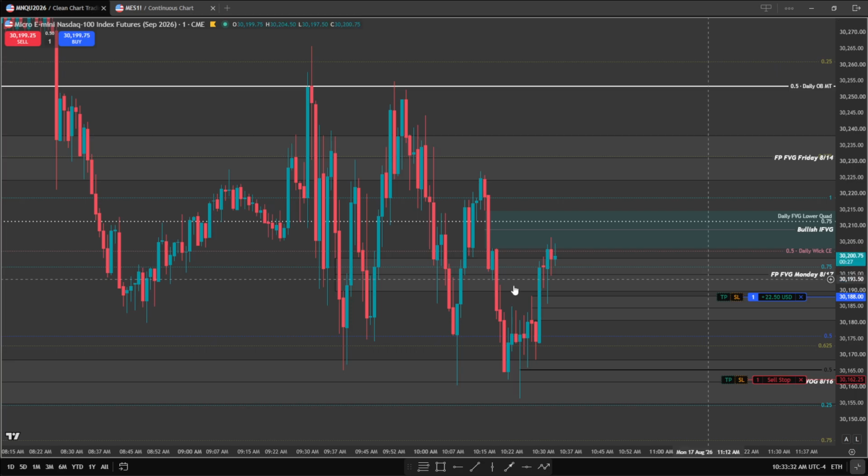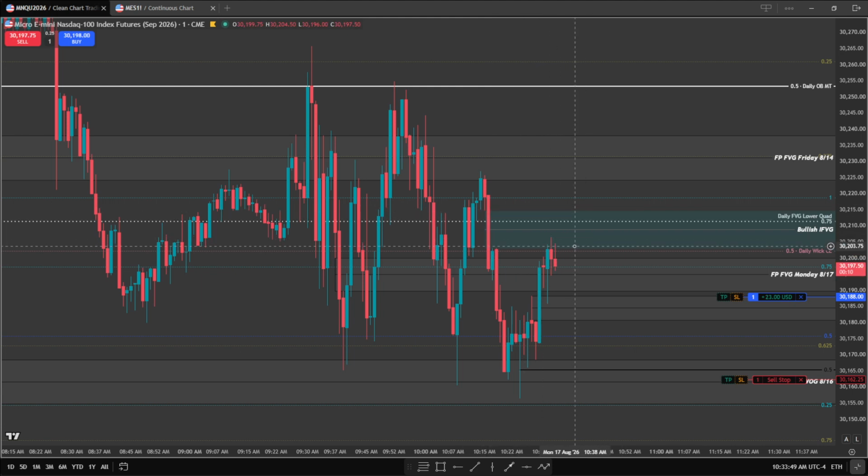And this is anchored to the daily fair value gap lower quadrant here. And it's anchored to the midpoint of that wick. It's a really important level here. And it should be inversion if it's bullish.